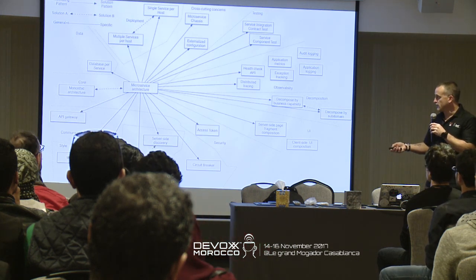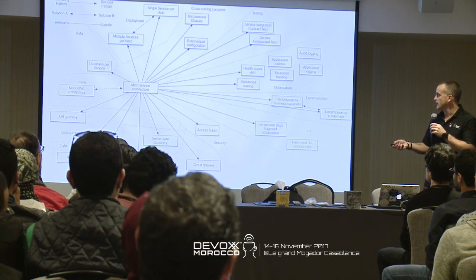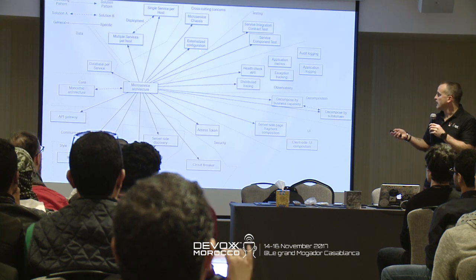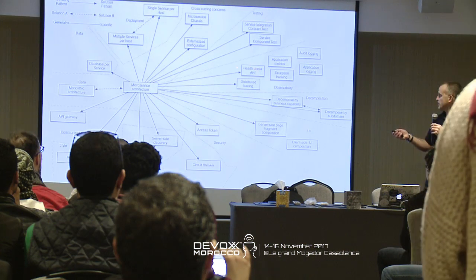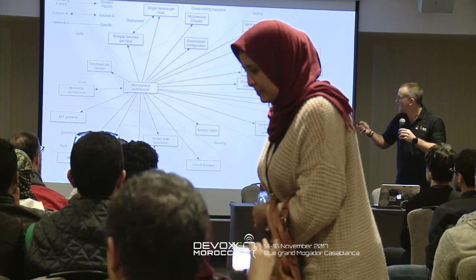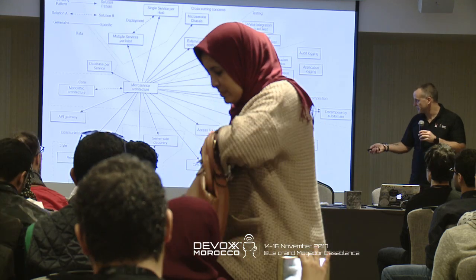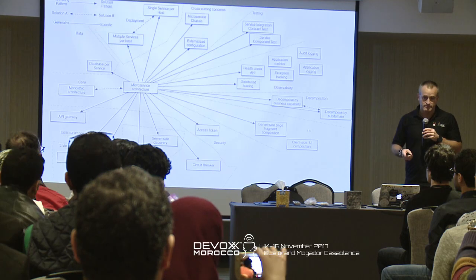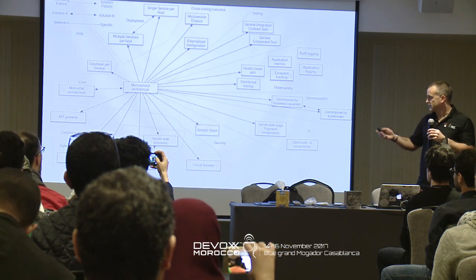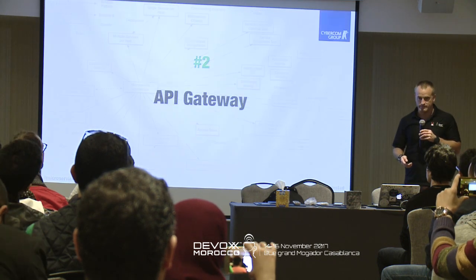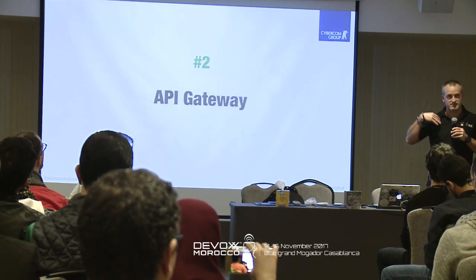I'll go through a couple of these today, among them API gateway, externalized configuration, health check APIs, and some more. Yes, the circuit breaker and the discovery mechanism. We'll look at these, and they're all connected to this main pattern, microservice architecture. So that concludes pattern number 1.